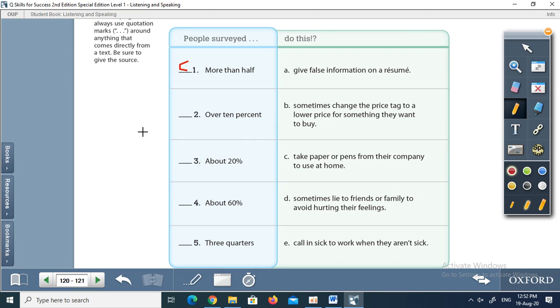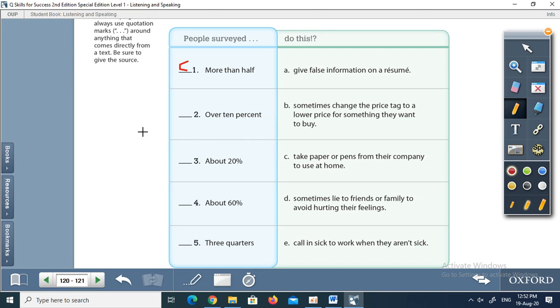Number 2, I'm going to leave the rest for you guys to complete. Over 10% sometimes change the price tag to a lower price for something they want to buy.